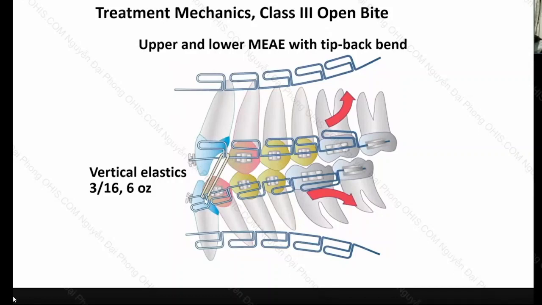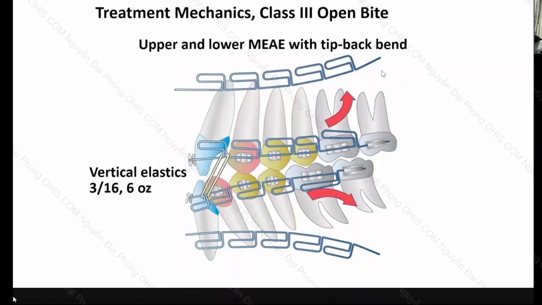Then in a class 3 case, there is too much flattening of the occlusal plane. Therefore, I want to make the posterior part of the occlusal plane a little steeper. Therefore, for the upper multi-loop, I like to put a little stronger tip back bend than class 1.